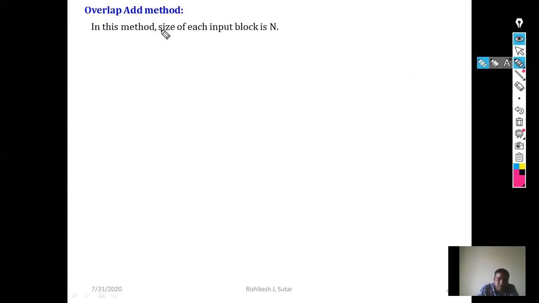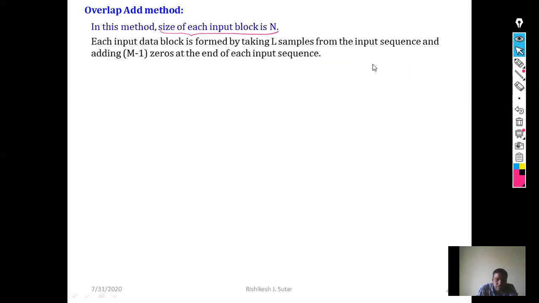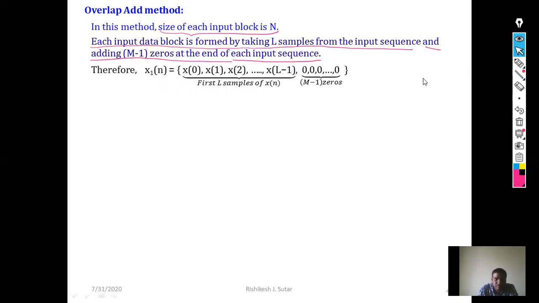We keep the size of each input block as capital N, because each input data block is formed by taking L samples from the input sequence and adding M-1 zeros at the end of each input sequence. Let us see it in detail.